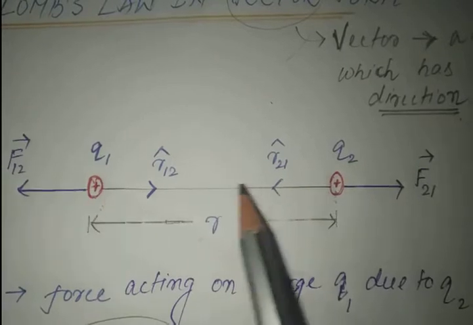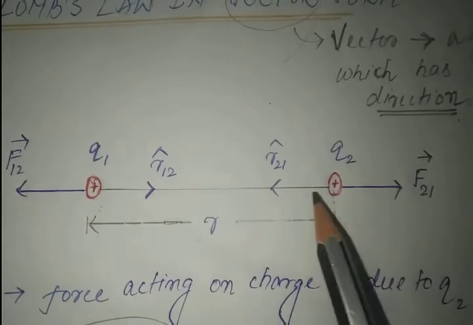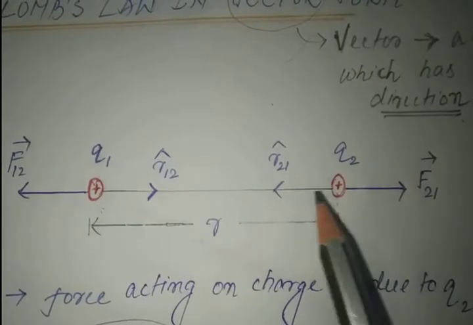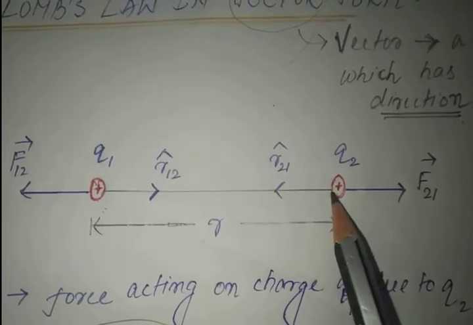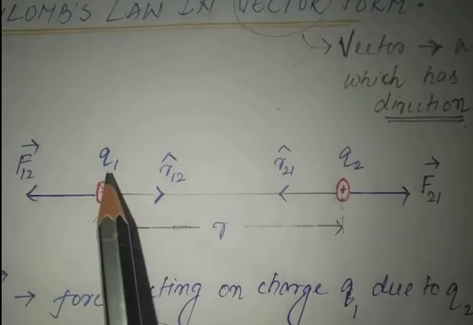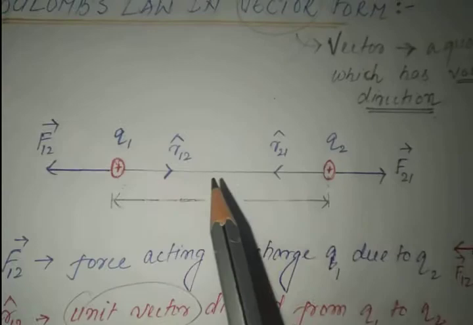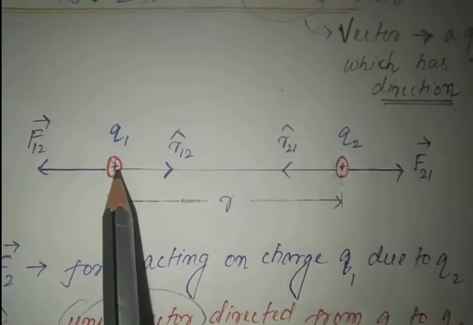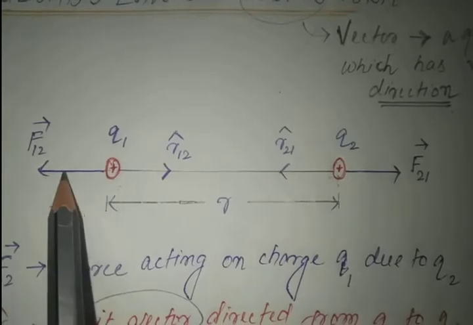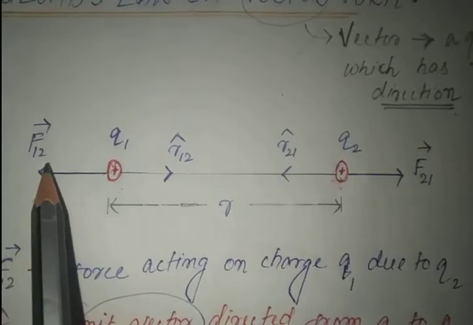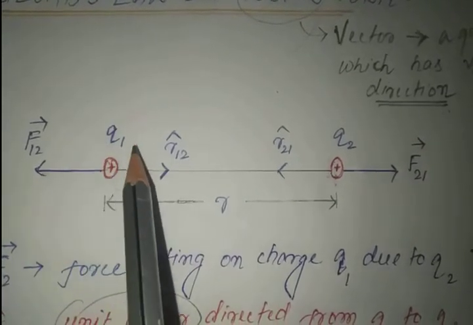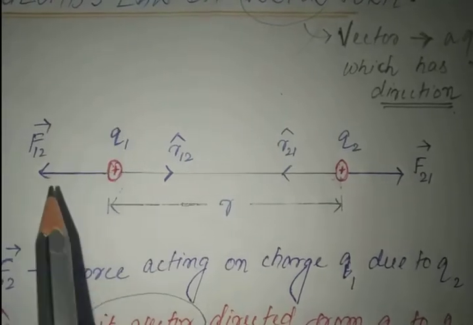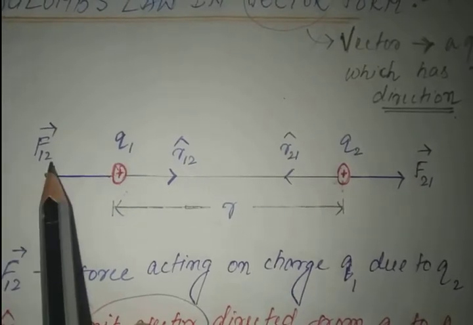As these two charges are like charges, they will repel each other. If you can see here, charge Q2 will repel charge Q1 along this direction. So the force acting on charge Q1 is F12.